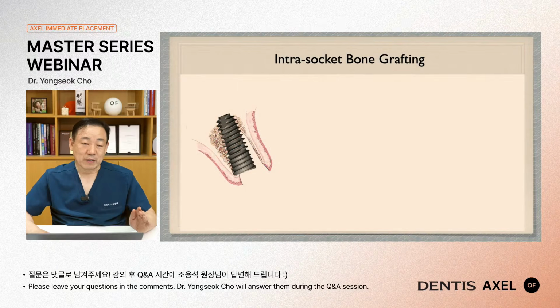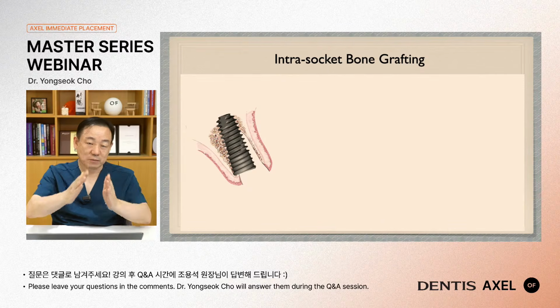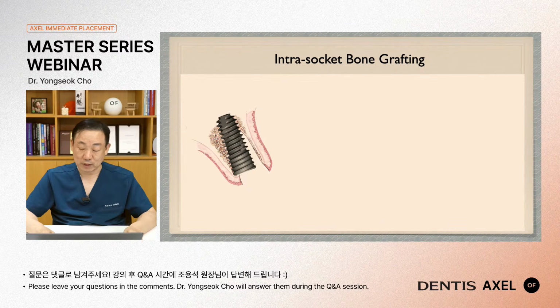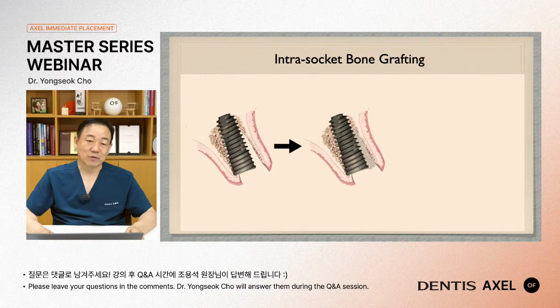When we place the implant, there exists about a 2 millimeter gap between the implant and the labial plate. When we don't fill the gap with graft material, we experience more volume reduction. So to minimize the volume reduction, we prefer intra-socket bone grafting.